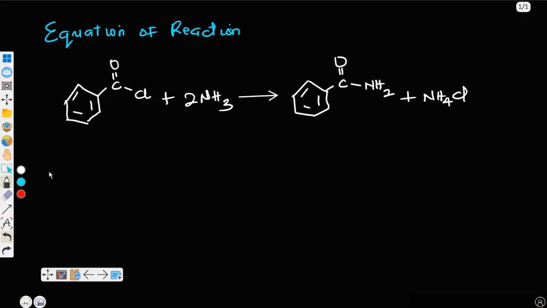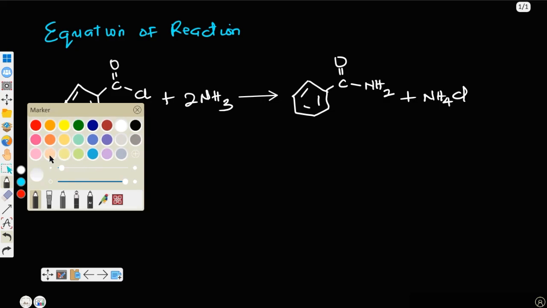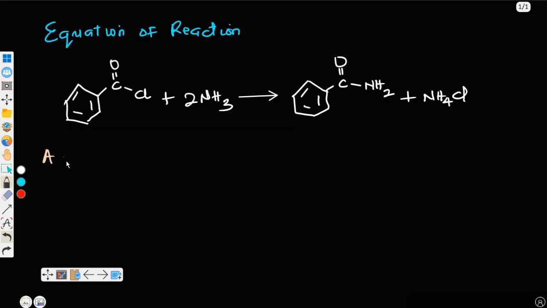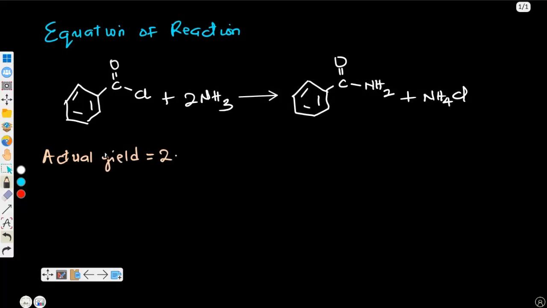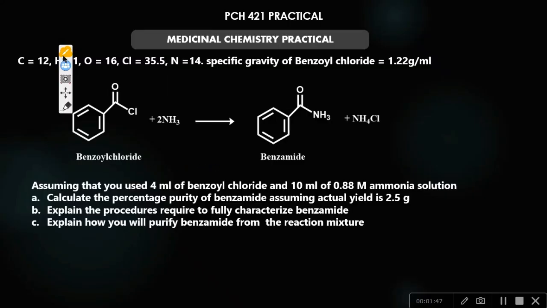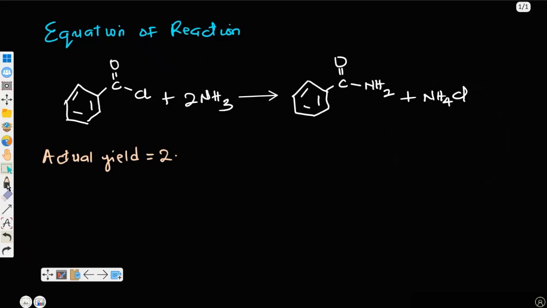Now, you're going to write out your parameters. Come here. Actual yield. What was the actual yield? I think 2.4. Okay, 2.5. Sorry, 2.5. What other parameter were you given? Specific gravity for benzoyl chloride.